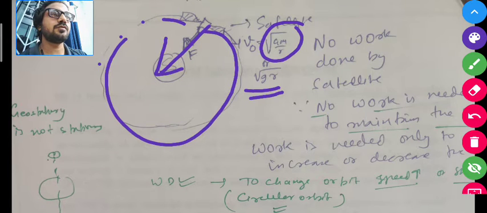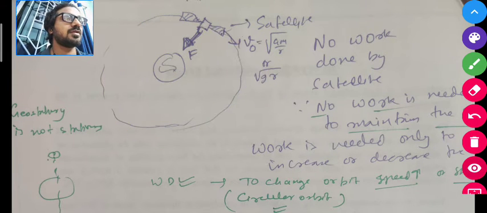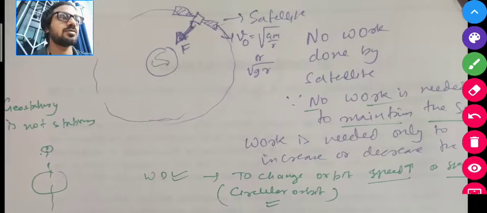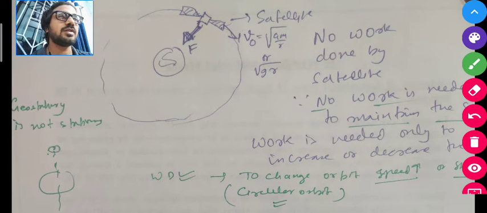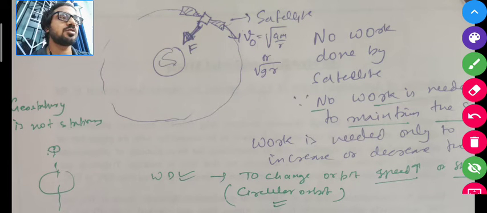There is no force acting in the direction of motion of the satellite, because no work is needed to maintain the speed. So there is no work done by the satellite to maintain its speed along the circular orbit.